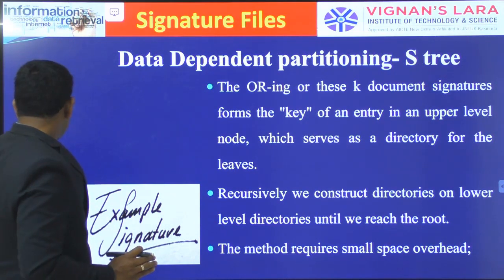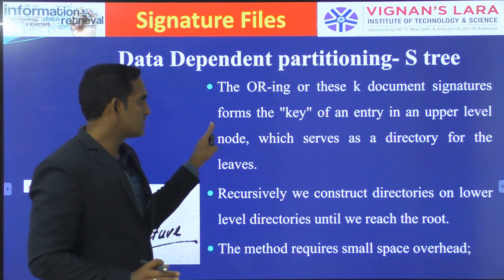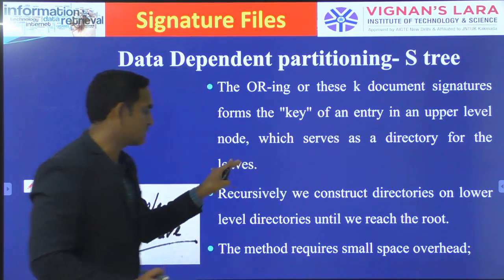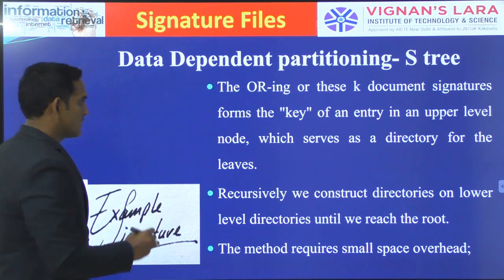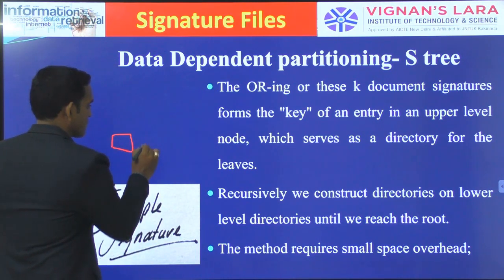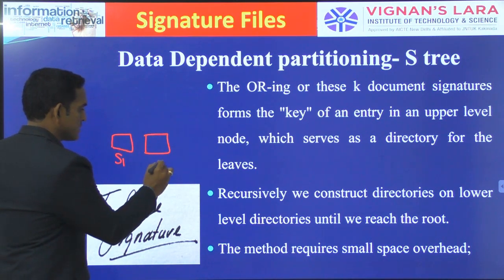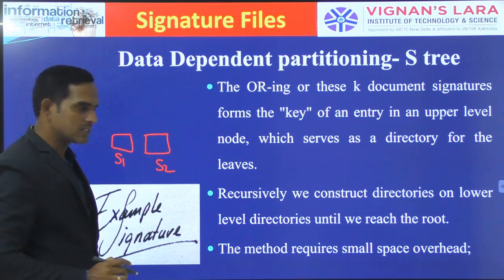The ordering of these k different document signatures forms the key for an entry in the upper level node, which serves as the directory for the leaves. What it's trying to say is you will be having similar signatures. It might be similar signature set 1, this might be similar signature set 2.